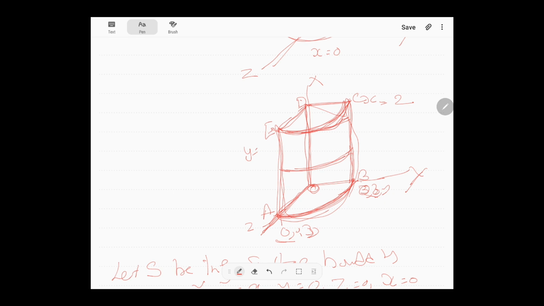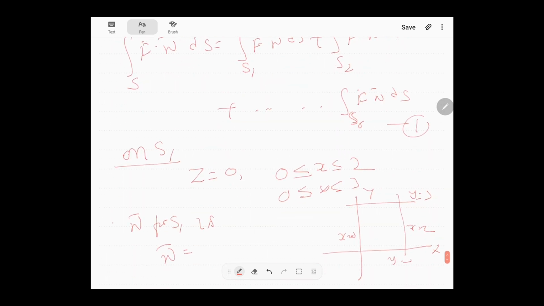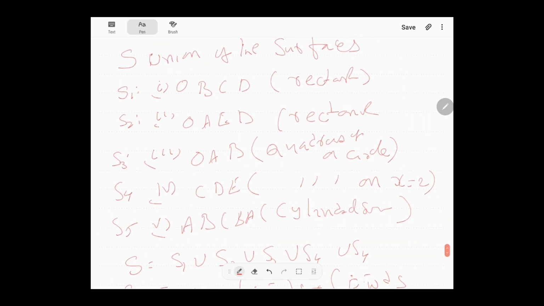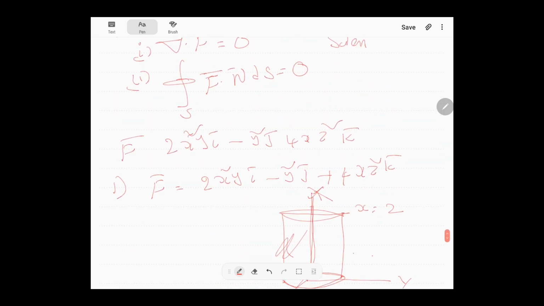The outward is minus k bar. So therefore, n bar is minus k bar. What is your f bar dot n bar? So this is my f bar. f bar dot n bar, with k bar, is 4xz square.